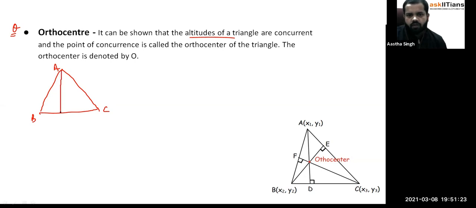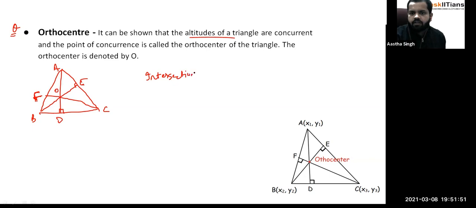If I draw a perpendicular here, it is not a bisector, it is just an altitude. Here point O is the orthocenter, the intersection of altitudes.